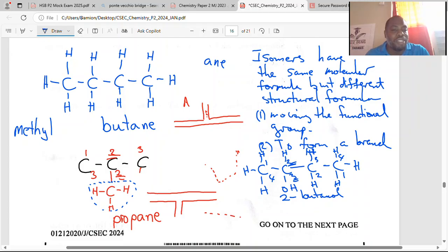So a popular mistake that students make is to call this C3. We cannot call this C3 because it still has 4 carbons. It's just that the structure is different. So it is still C4. Cool?